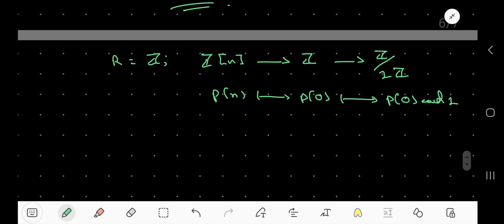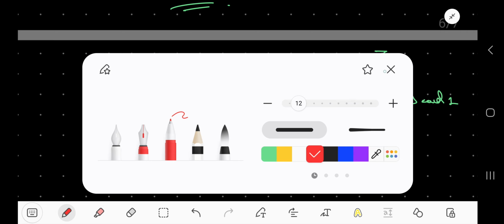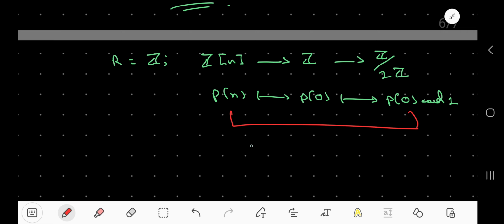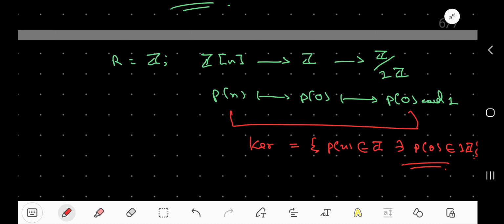In fact, this homomorphism will be surjective, right? What should be the kernel of this homomorphism? The kernel will be the collection of all polynomials p(x) in Z[x] such that p(0) mod 2 is 0, so such that p(0) is inside 2Z, or in fact the constant term is even.